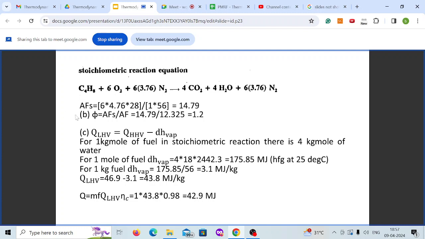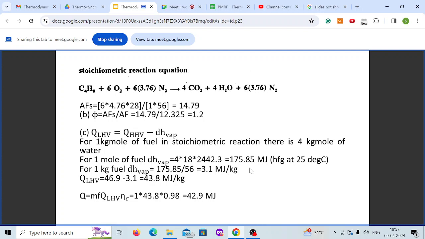You need to take into account the complete combustion. So for 1 mole of fuel, you have 4 moles of water formed. So 4 into the molecular weight of water into your latent heat at 298 Kelvin or 25 degrees Celsius gives you 175.85 megajoule.